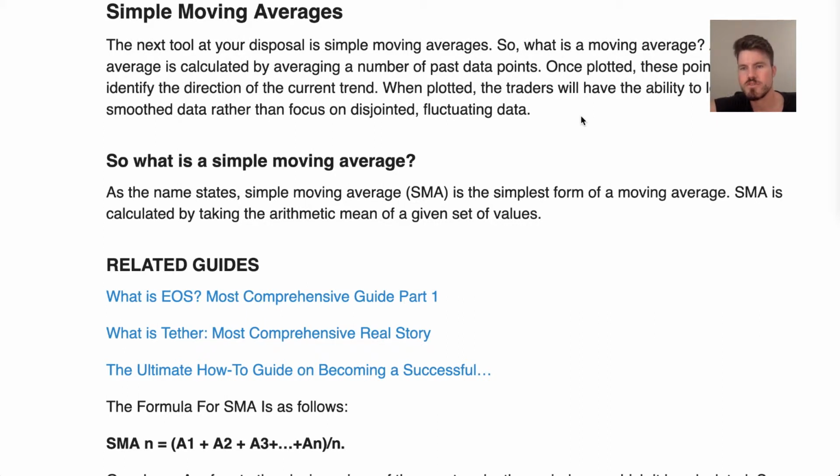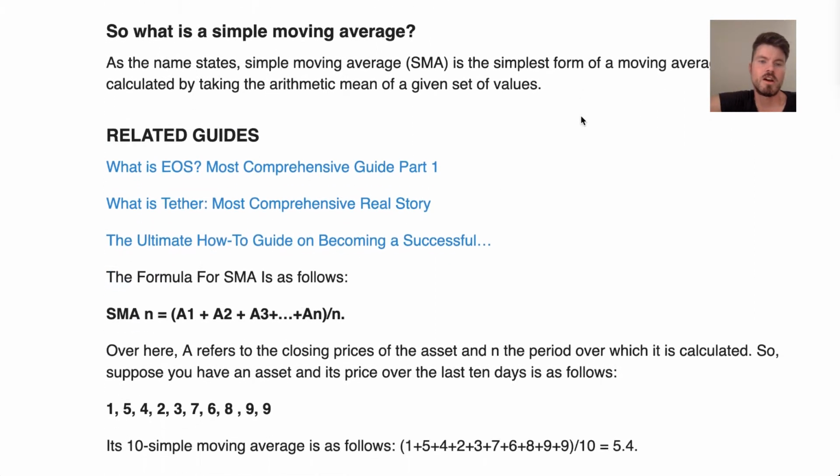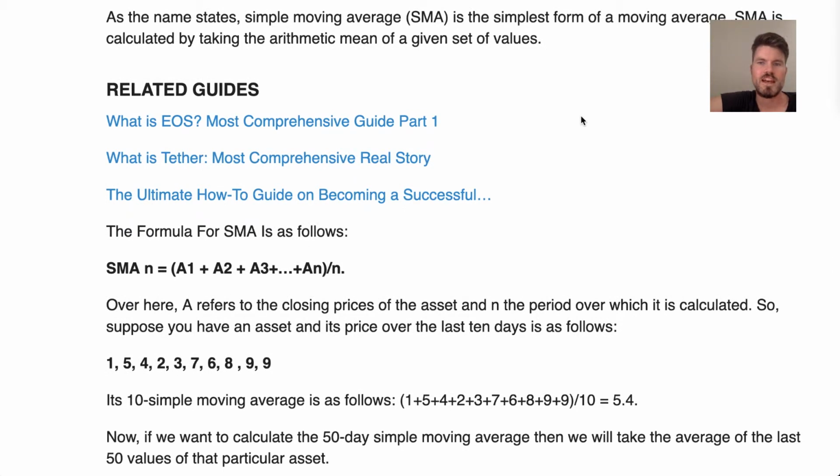Very often you use different simple moving averages plotted with different periods, and the crossover is what you want to look at. As the name states, a simple moving average is the simplest form of moving average. There are also different moving averages, but in this one we're just looking at the simple one.